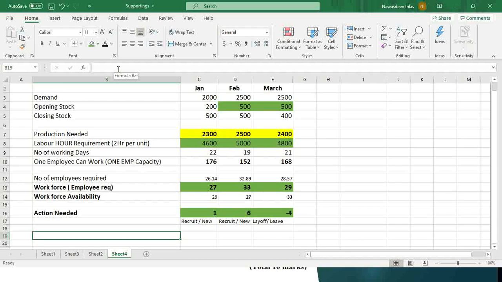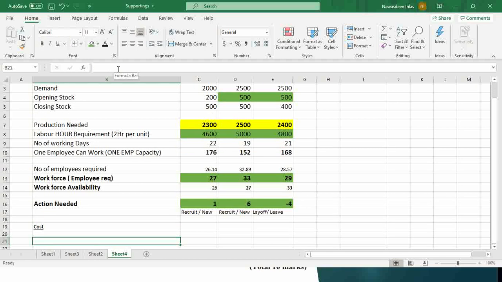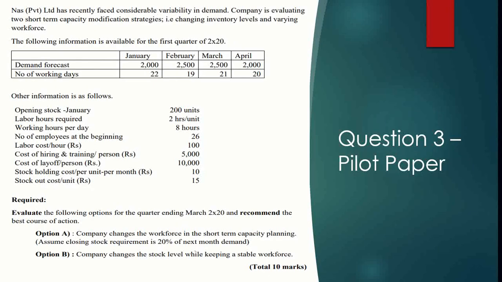So now we can find the cost. If you are following this action, what will be the possible cost? They have given that if you are hiring a new person, we have to pay 5,000.